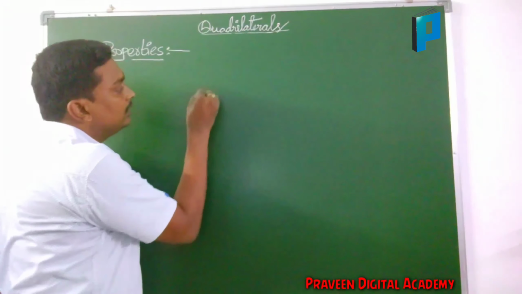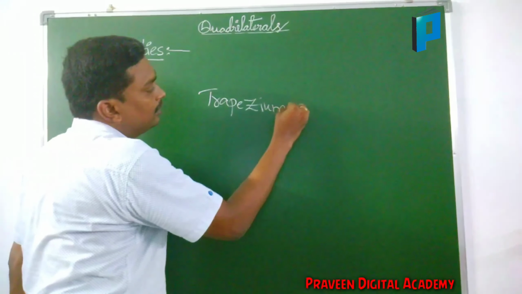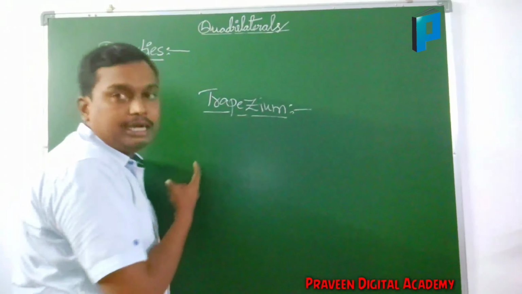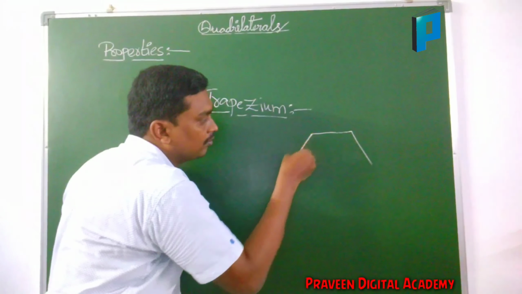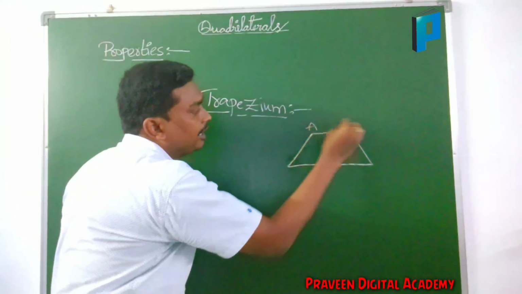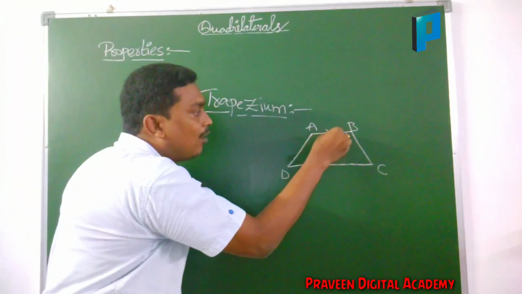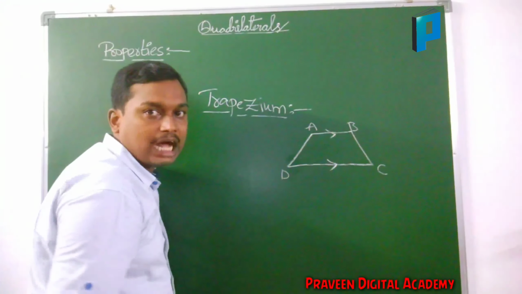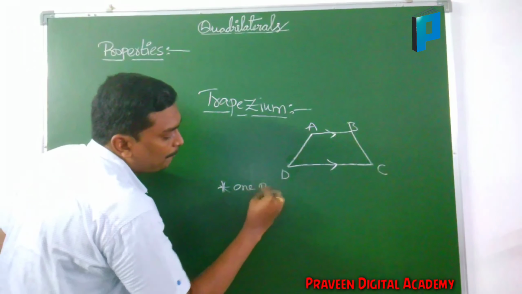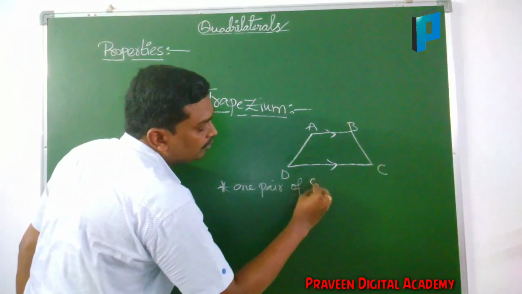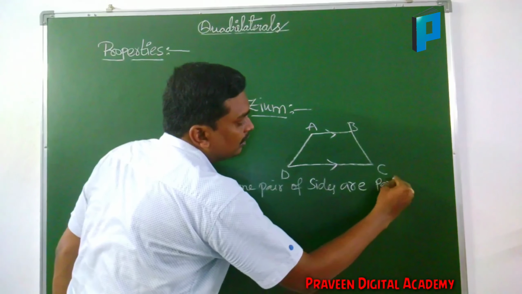Now let us go for trapezium properties. Here the properties of the trapezium are: ABCD is a trapezium. A trapezium will have one pair of sides parallel.